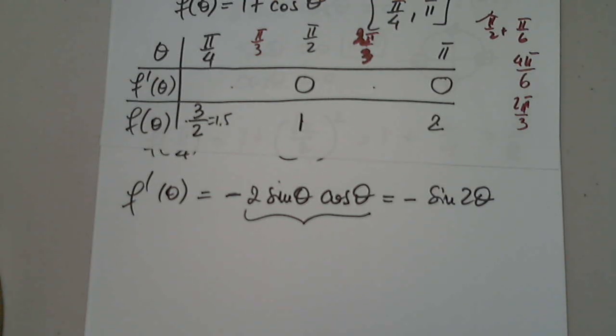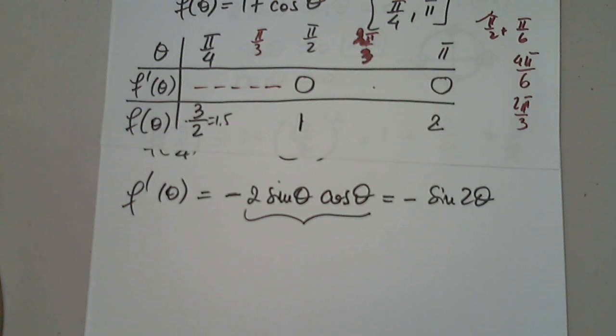It's fine. It doesn't matter. Pi divided by 4. I want to make sure that I have radian mode, because if I don't, then I'm in trouble. Okay, so for pi divided by 4, I get a negative number. I'm going to put the sign.